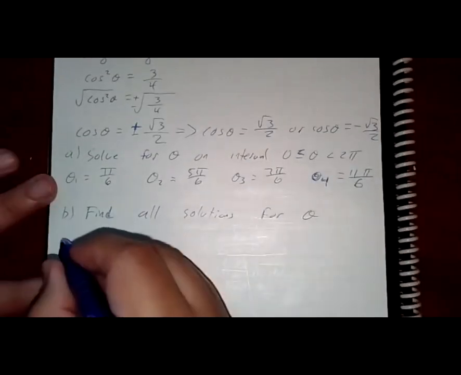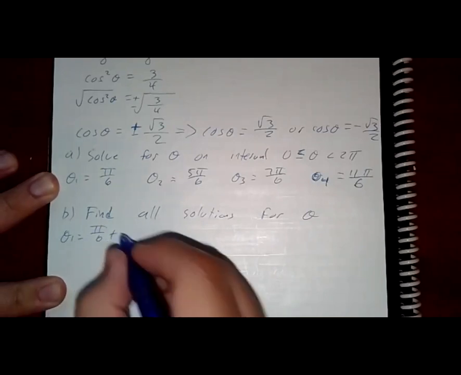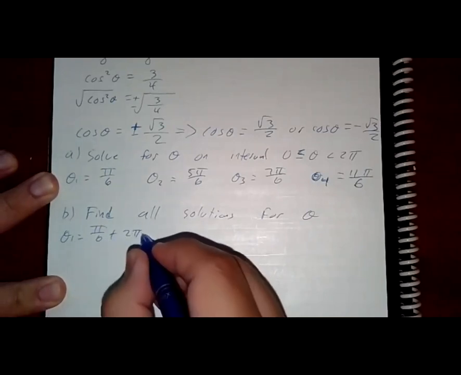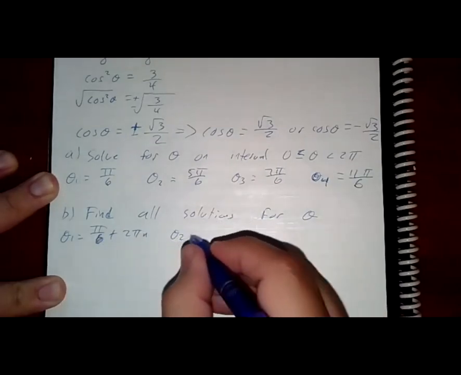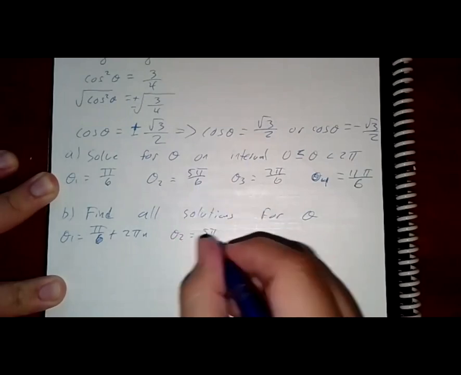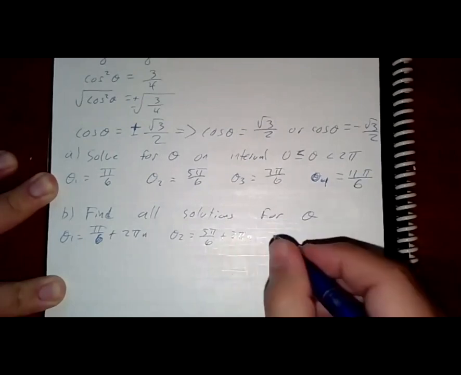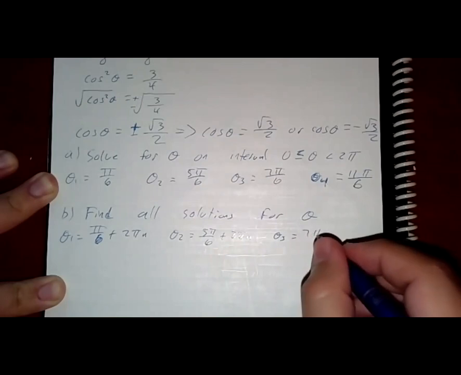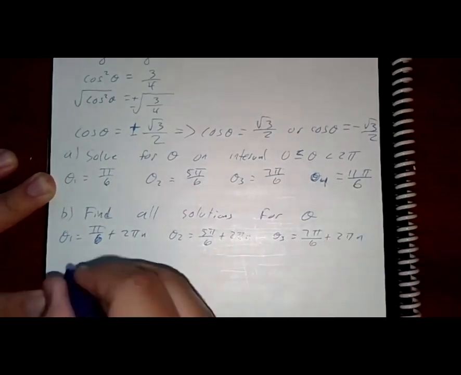So what you could say is theta 1 is pi over 6 plus 2 pi n. Theta 2 is 5 pi over 6 plus 2 pi n. Theta 3 will be 7 pi over 6 plus 2 pi n.